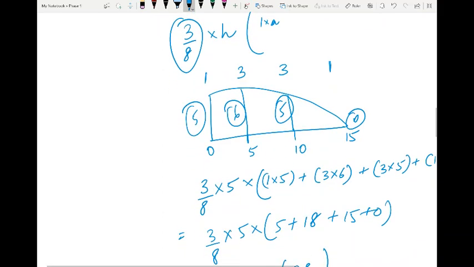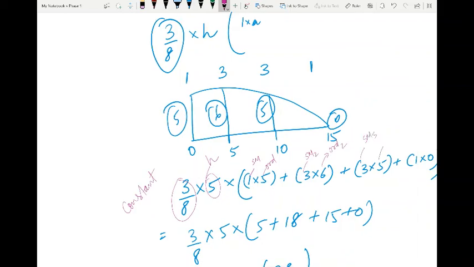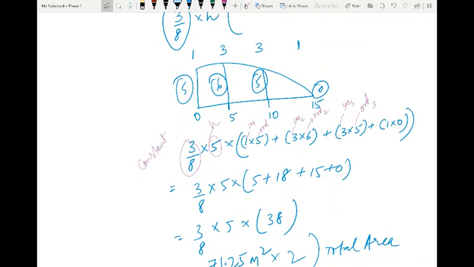So to find out the area, this is our constant, 3 by 8. It will remain constant in all the sums if we are using Simpson's rule number 2. Then this is your h, this is your Simpson's multiplier, this is your ordinate, then the next Simpson's multiplier, ordinate, multiplier 3, ordinate, and so on.